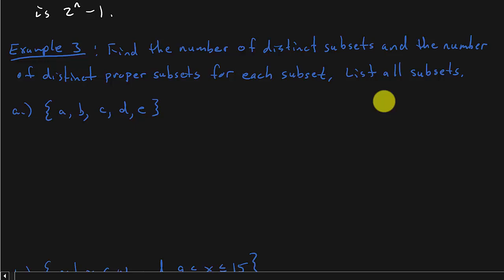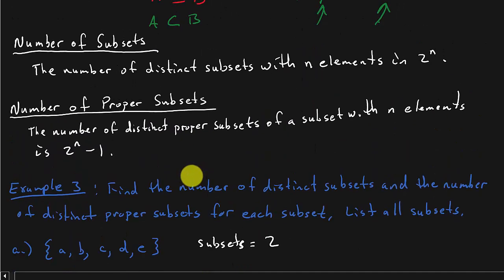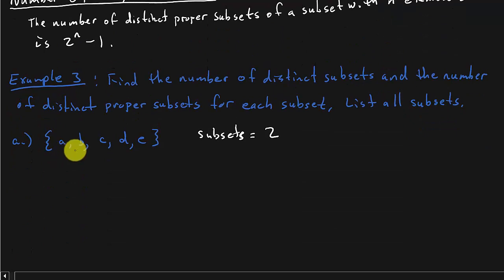All right, so the number of subsets is equal to 2 to the n. Okay, so remember this formula here: the number of subsets is 2 to the n, where n is the number of elements in each set. So we have 1, 2, 3, 4, 5 elements, so 2 to the 5th, and that's 32. So there's 32 subsets.